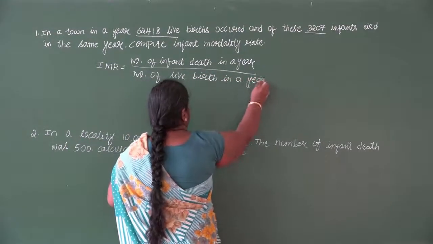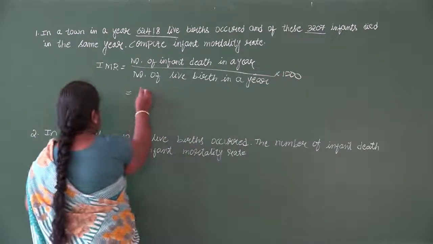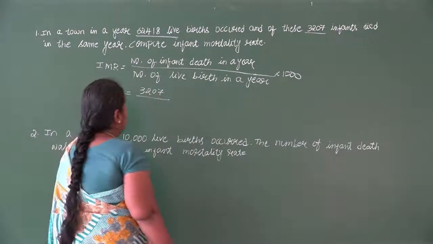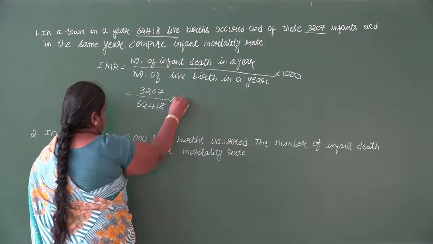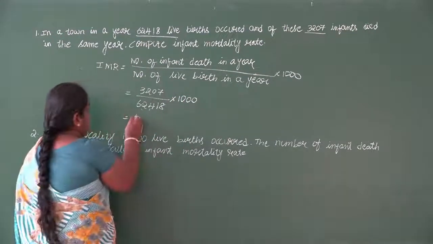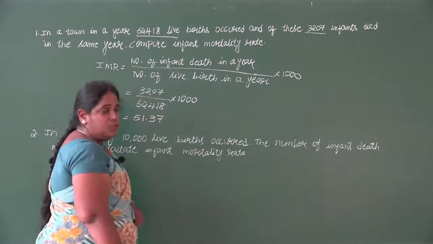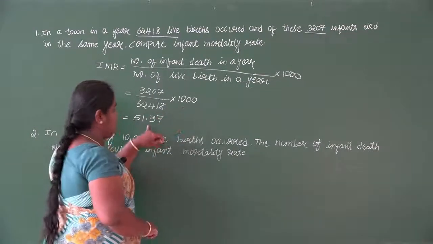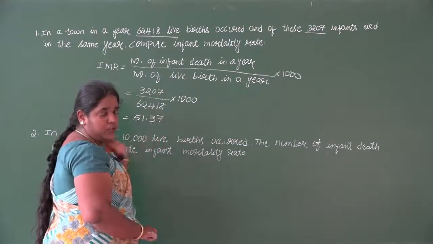The death value in this problem is 3,207, so substitute that: 3,207 divided by the live birth 62,418 into 1,000. When you simplify this, you will get 51.37. It will be for 2 marks, 1 mark for the formula, 1 mark for the answer.